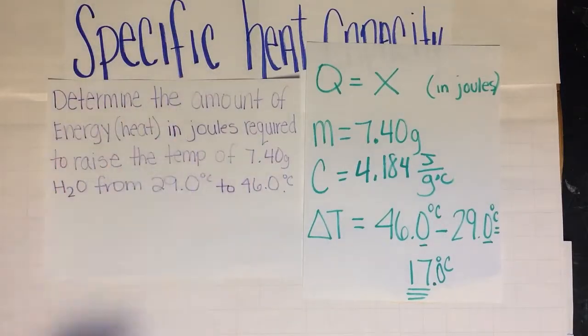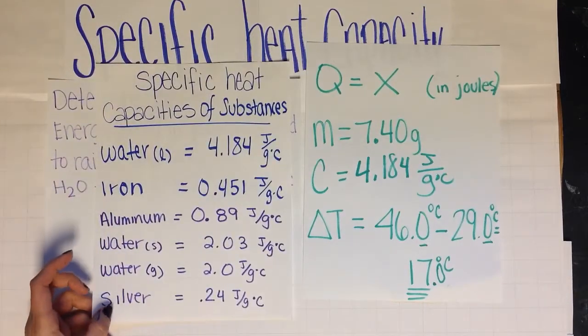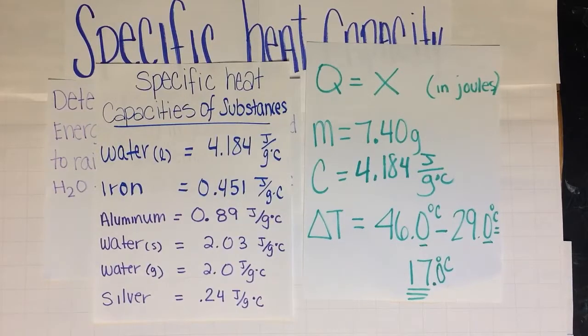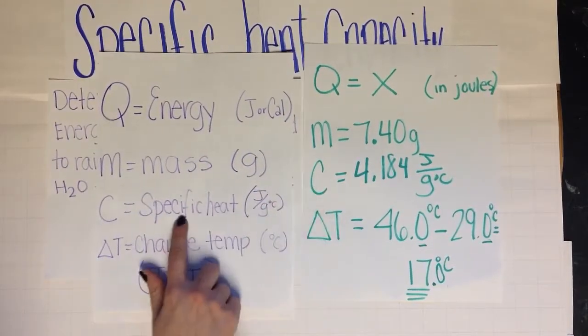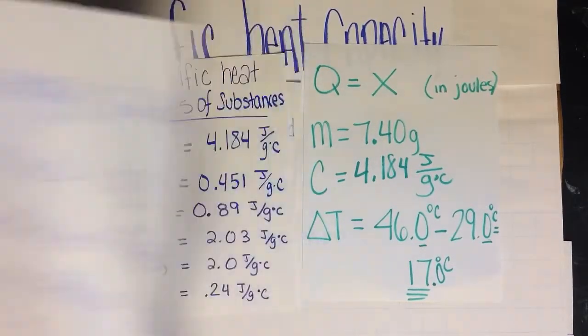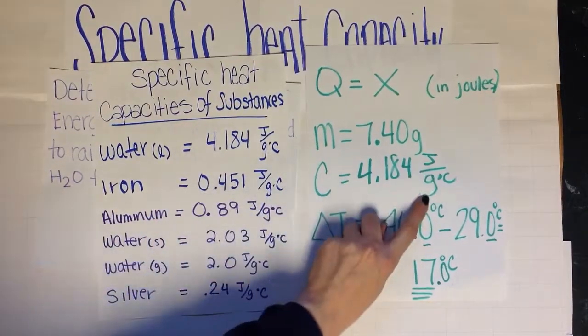Well, it's not mentioned in the problem, but remember, you need to refer back to all the specific heat capacities seen here. And if you remember, C is specific heat capacity, that's the letter that it stands for, right? So I find water on the list, and it's 4.184 joules over grams degrees Celsius.